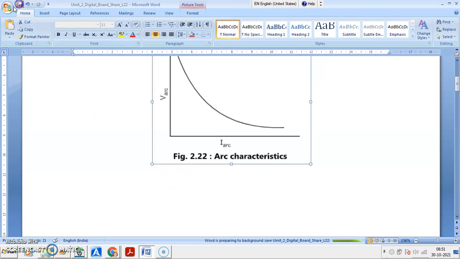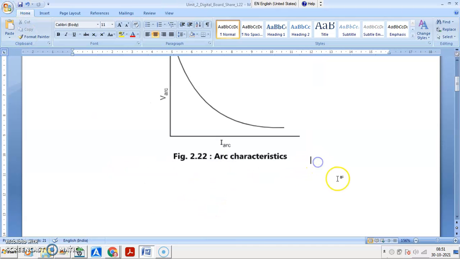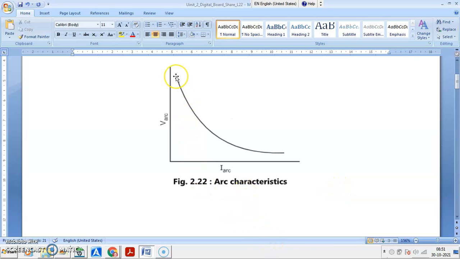This is a figure showing you arc voltage and arc current. See what happens: initially, the arc voltage is very high. The arc voltage goes down when arc current increases.